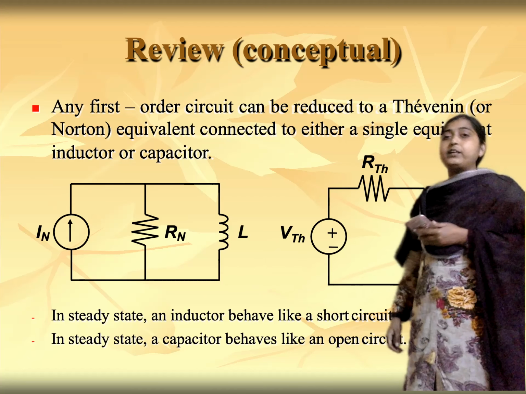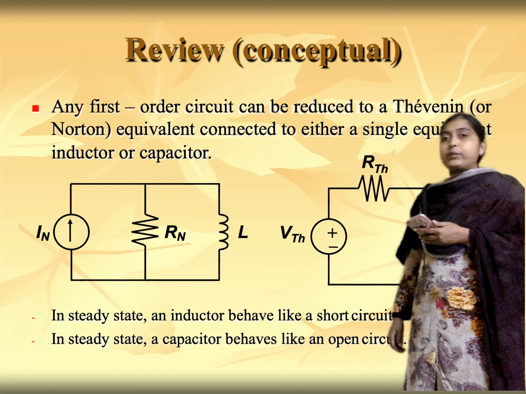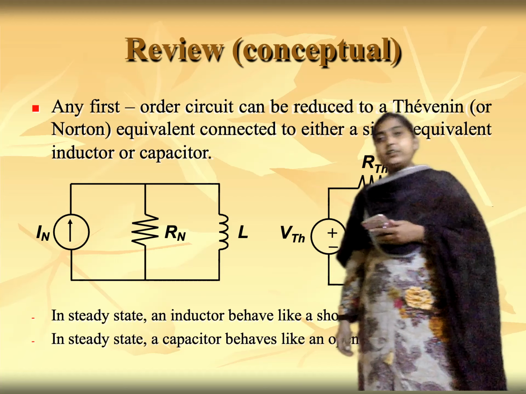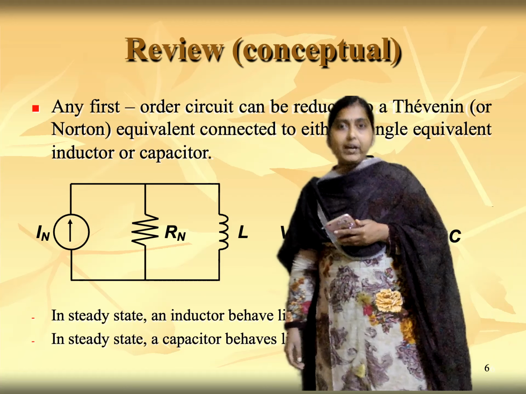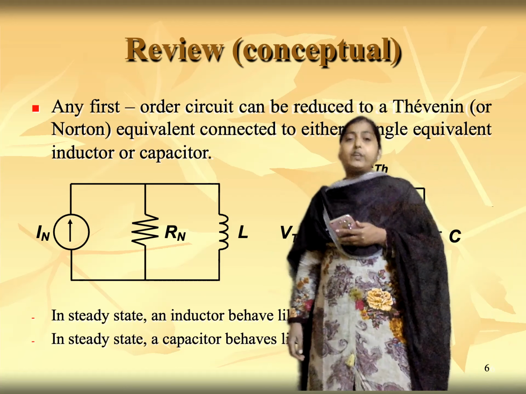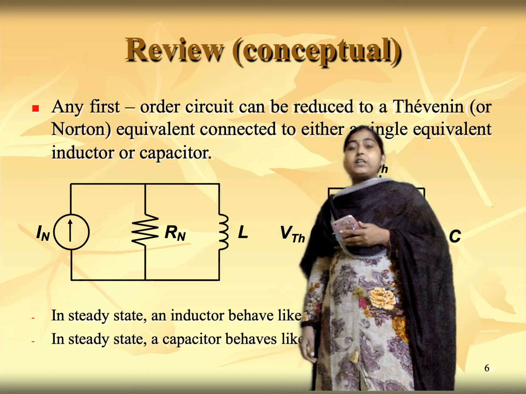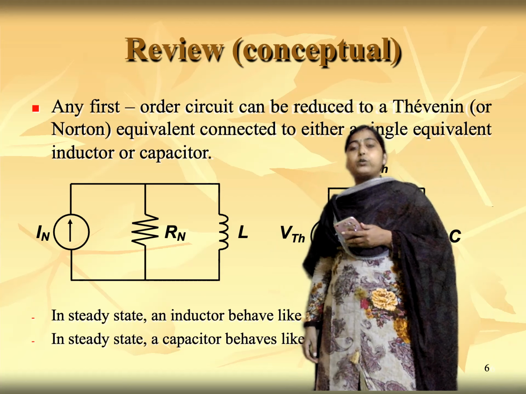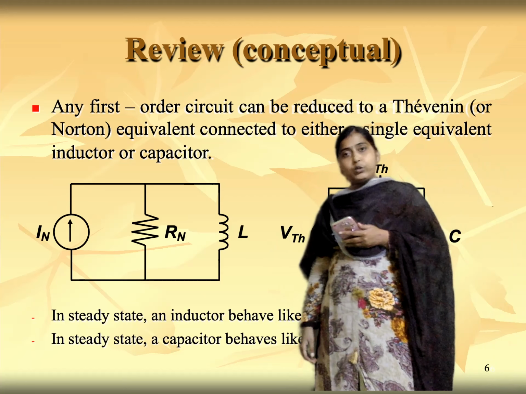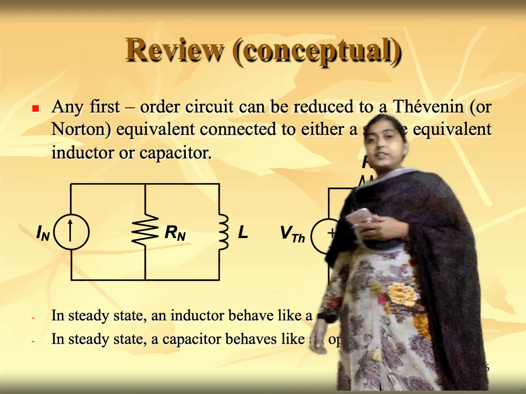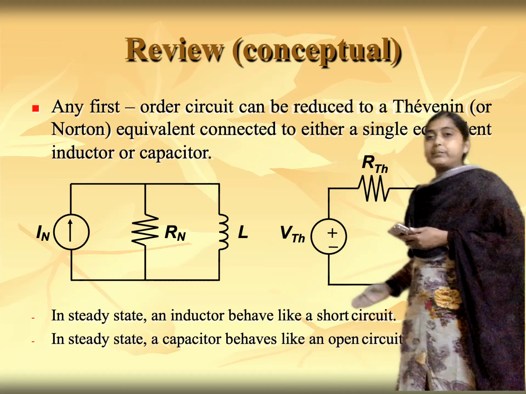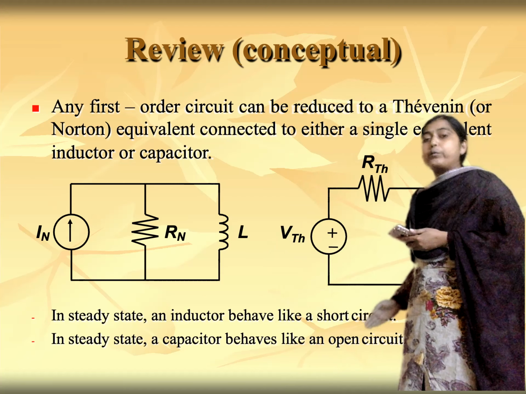Similarly, we know that the current through a capacitor can be written as I is equal to C into dV by dt. Under steady state condition, the V value is constant. So when V becomes constant, dV by dt will become 0, so current I will become 0. Once the current through any element becomes 0, we consider that particular element as an open circuit.